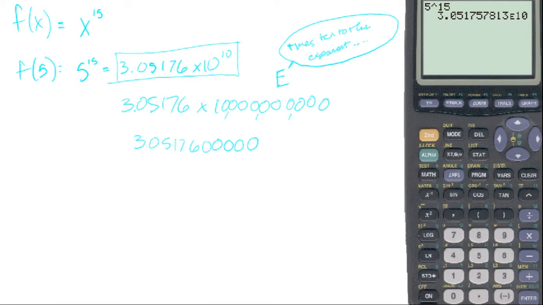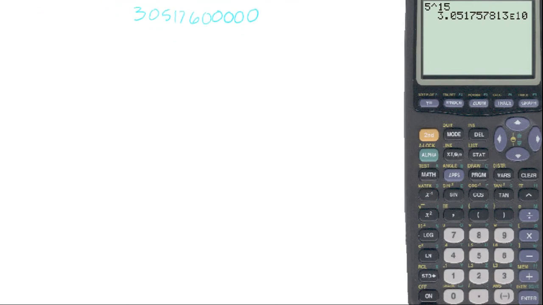So let's do some problems in which we need scientific notation. The first will be number 15: 4.2 times 10 to the third times 1.5 times 10 to the 6th.